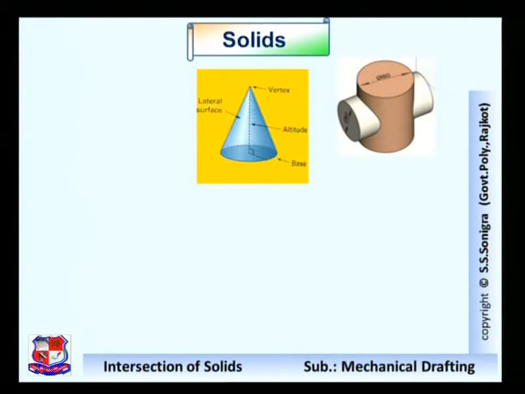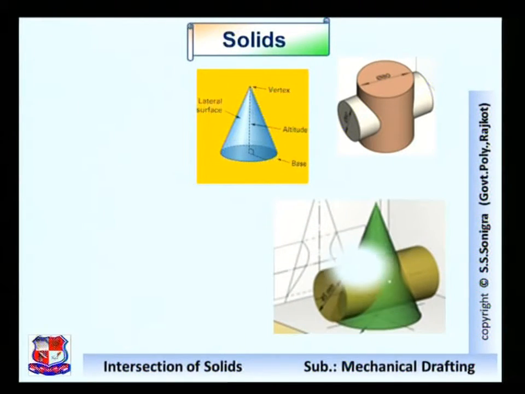In case of cylinders, it has two parameters, its height and diameter, and this shows intersection of two cylinders, vertical cylinder and horizontal cylinder. This diagram represents intersection of cylinder and cone. Cone is in a standing position and it is penetrated by a cylinder.